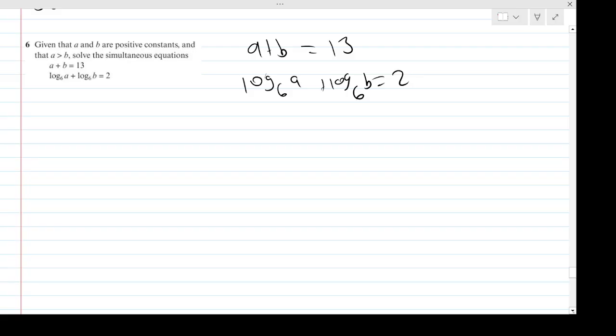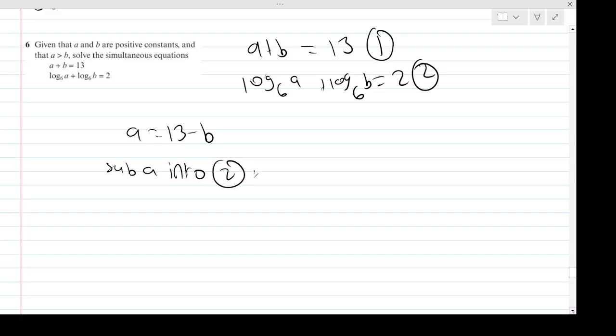Firstly, when you've got an unusual simultaneous equation like this, it's probably best to just rearrange and substitute. If I call these 1 and 2, I can rearrange the top one to say that A is 13 minus B. Then if I substitute that into the second one, I get log 6 of 13 minus B, add log 6 of B is 2.